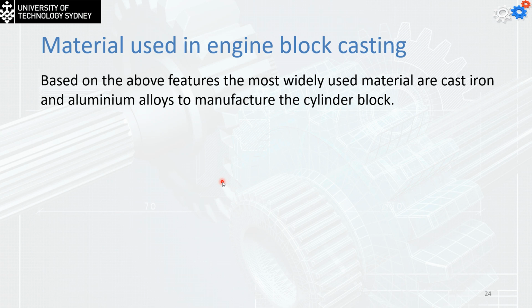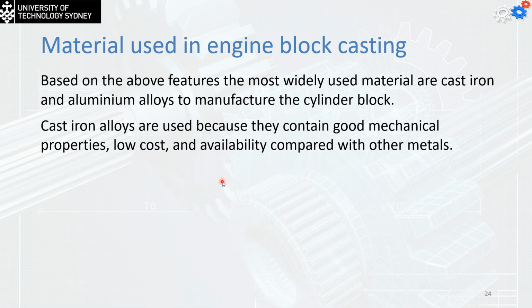Now, cast iron is used because it has good mechanical properties, an acceptably low cost, and is available compared to the other metals. It's just iron mixed with other compounding materials like carbon and silica.